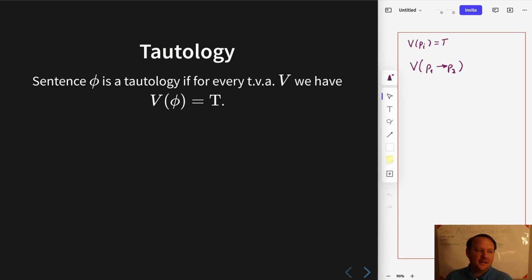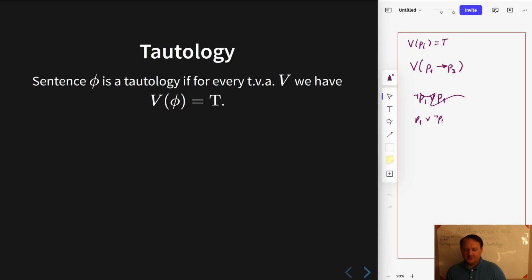Okay, and finally, tautology. Again, the book defines a tautology in a perfectly good way. It says that a tautology is any sentence for which every truth value assignment assigns it true. So an example, just to be clear, would be P1 disjunction negation P1. I will generally call this the canonical tautology.